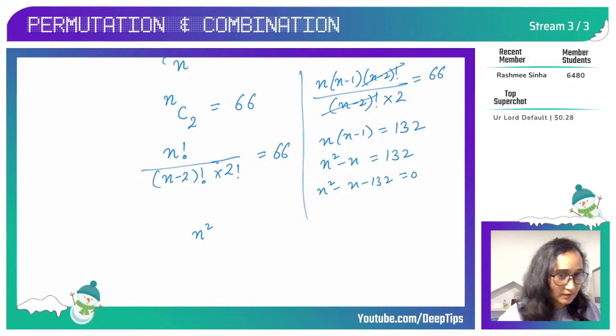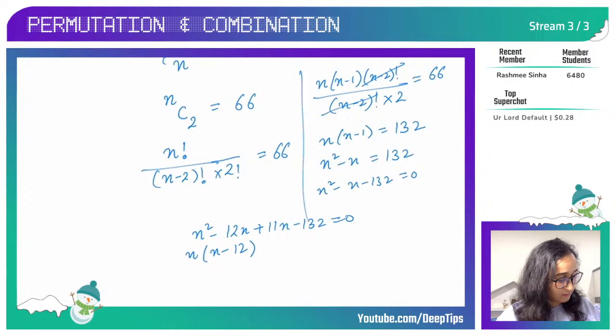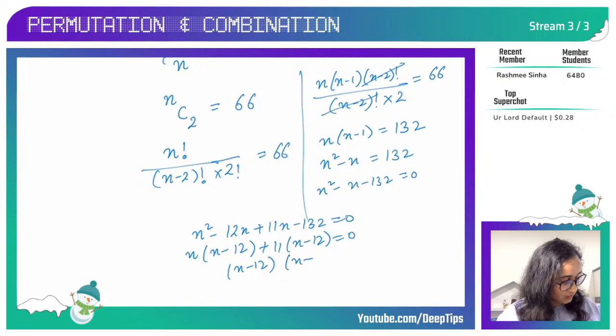So I can write n square minus 12n plus 11n minus 132 equals 0. Correct? So n is common: n minus 12 plus 11, n minus 12 equals 0. So n equals 12 or minus 11.